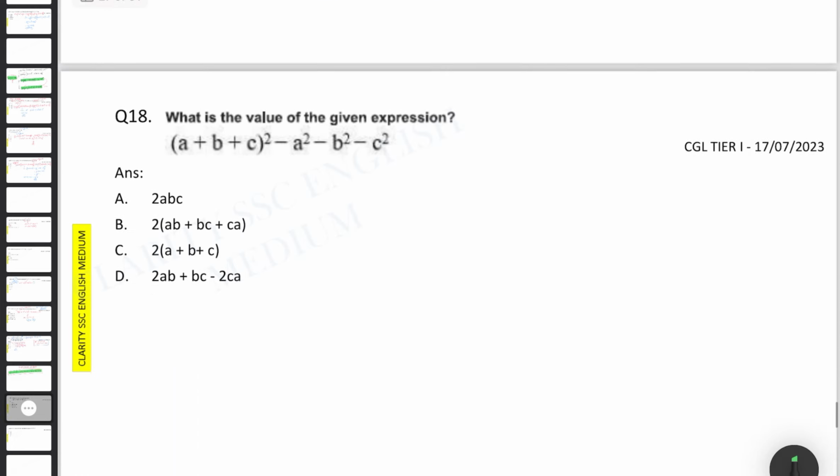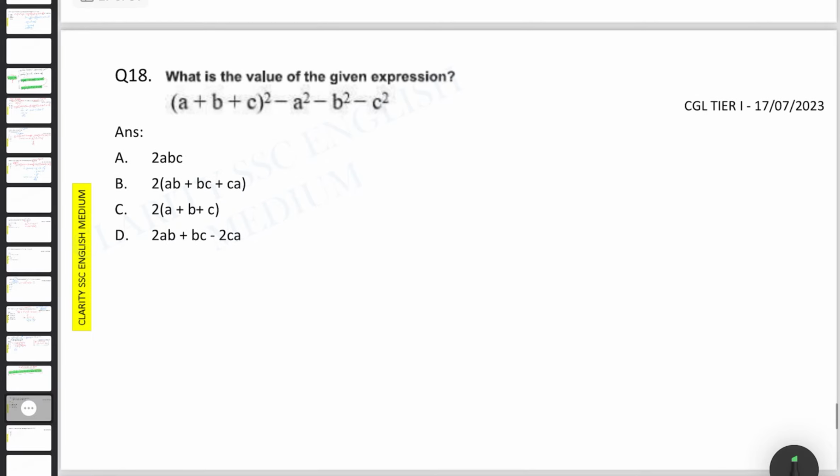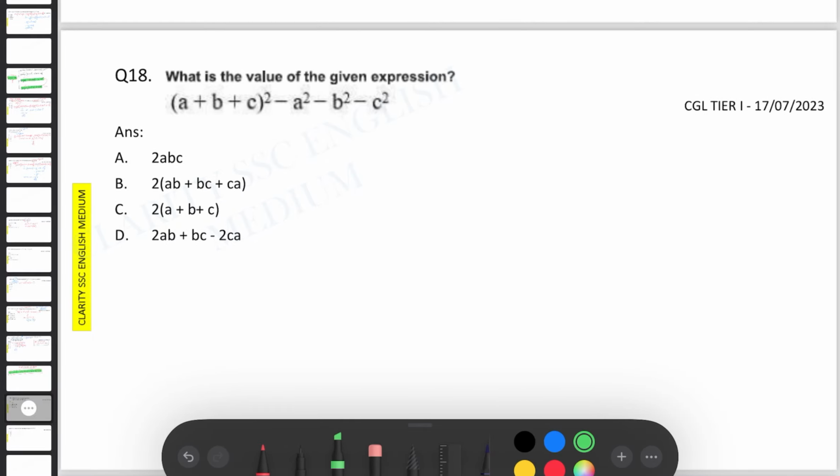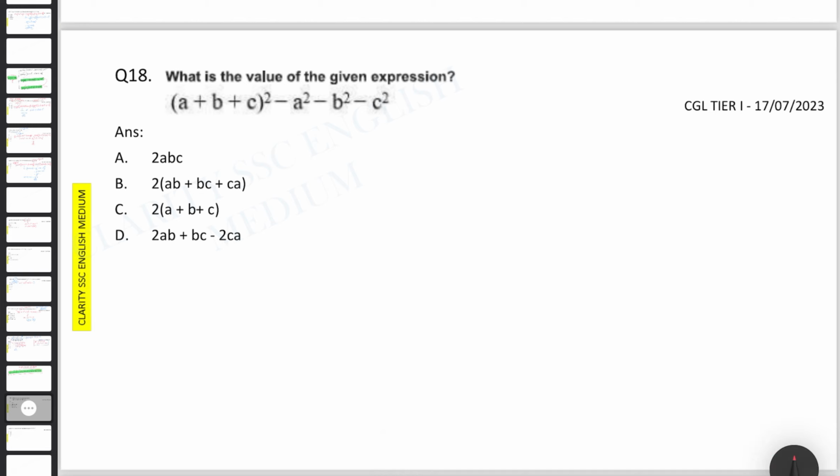Let's see the question. What is the value of the given expression a plus b plus c whole square minus a square minus b square minus c square? I've written the formula for a plus b plus c whole square. It's nothing but a square plus b square plus c square plus twice ab plus twice bc plus twice ca.